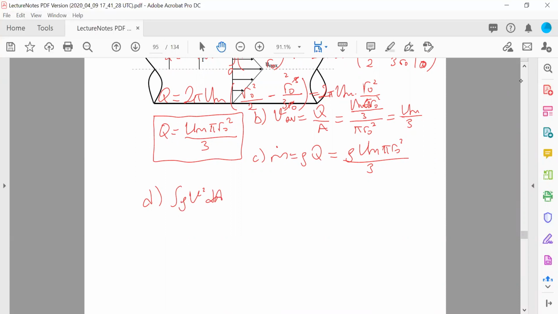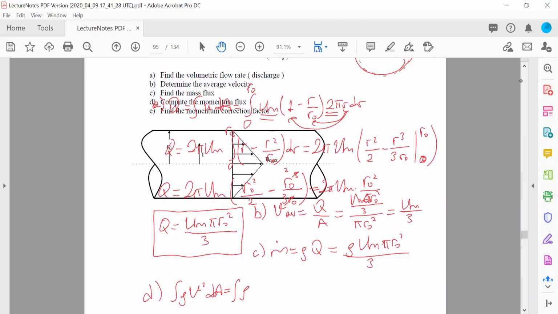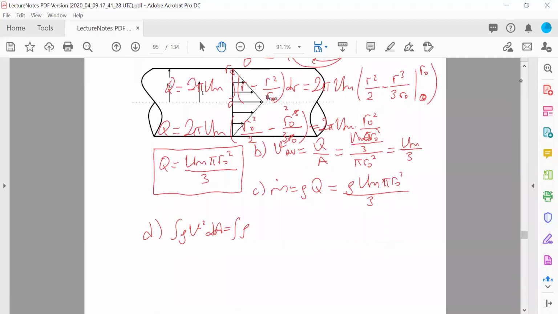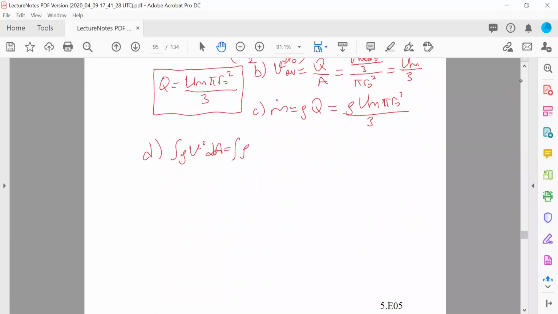Now insert velocity here. What was velocity? u max times (1 minus r divided by r0), so the square of it will be like this. Instead of dA, 2 pi r dr again.